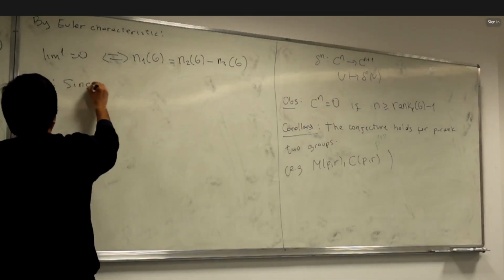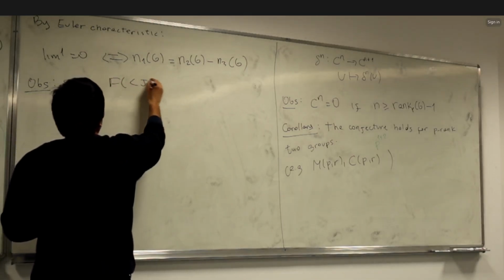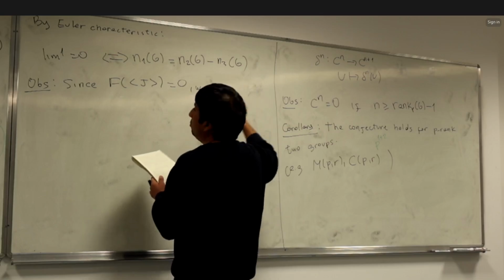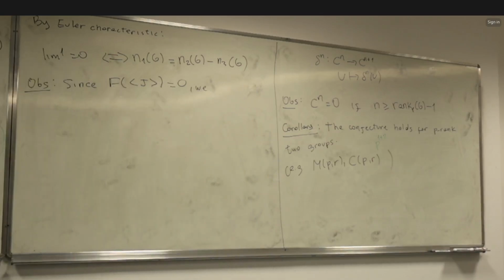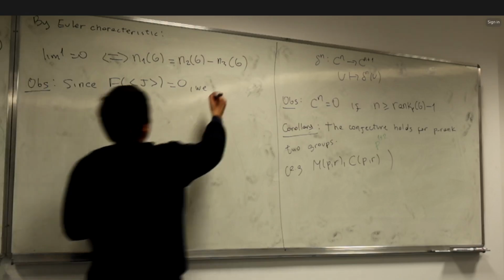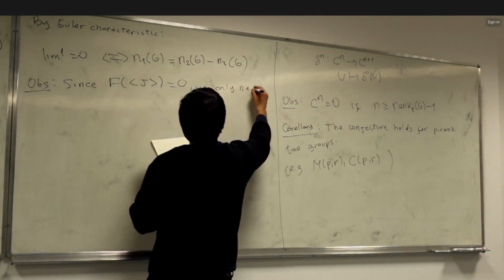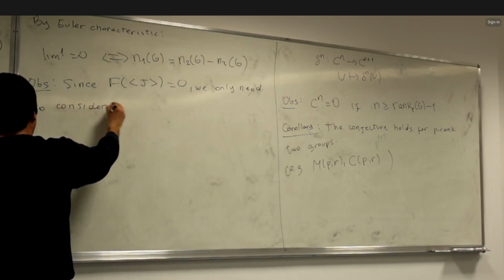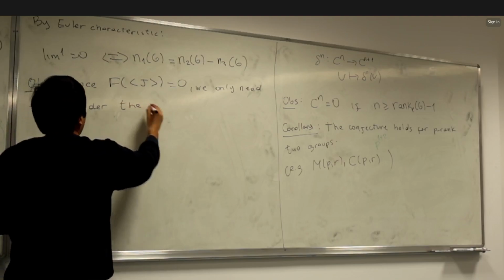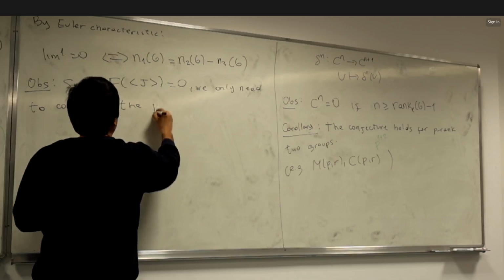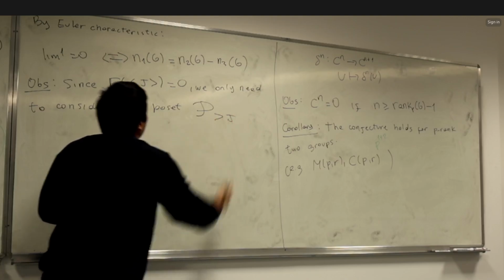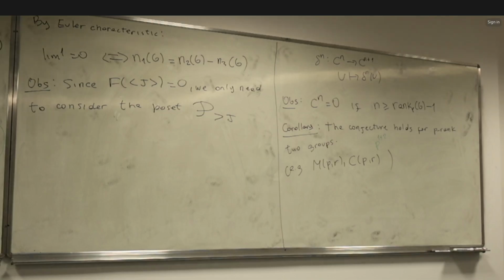Now, since f of the group generated by J is trivial, we don't have to consider the first level of the poset. We only need to consider the interval, the poset of objects that strictly contains J.